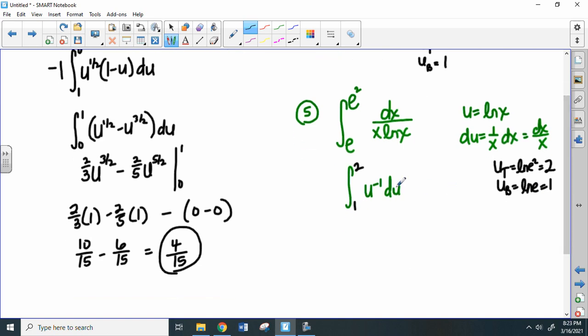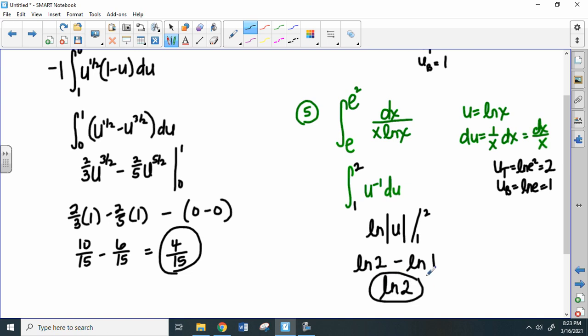When I integrate u to the negative 1 du, I get natural log of the absolute value of u, and then I can plug in my bounds. So I'm going to plug in 2. The absolute value of 2 is still 2. And I'm going to plug in 1, so I can drop the absolute values. You are expected to know that ln of 1 is 0. And so when I put all that together, I just get ln of 2.